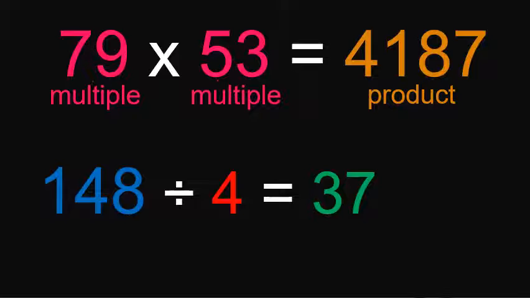So here's my division problem. I've got 148 divided by 4 equals 37. So the number that I'm dividing is my dividend. That's the number I'm dividing. The one that's doing all the work, so the number of groups I'm splitting it into, is the divisor.